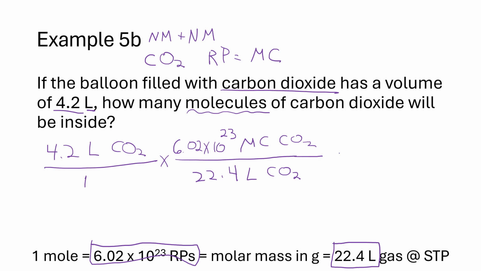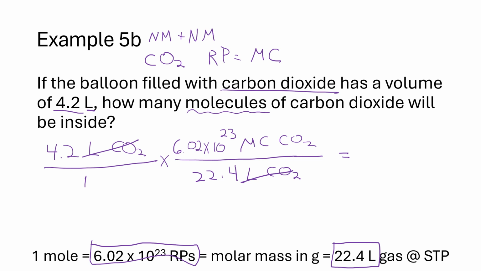Representative particles are molecules. In terms of units, liters of CO2 all cancel out. And so if I run this through my calculator, I'm going to ignore the 1 because dividing by 1 doesn't change things. So I'll have 4.2 times 6.02 times 10 to the 23rd divided by 22.4. Enter.